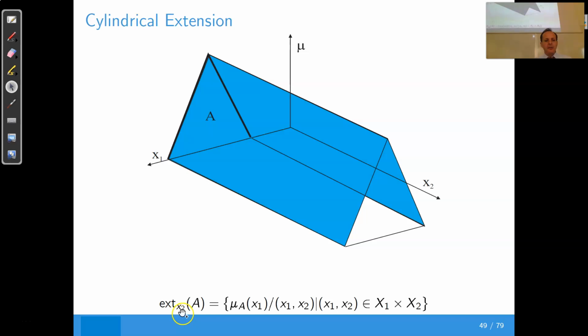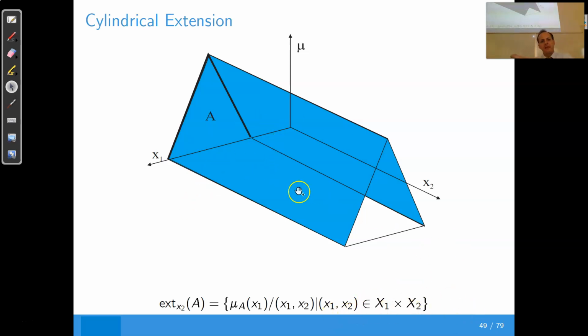The extension in the x2 direction of A is defined, and it's just the definition, as the set of all membership functions mu A with input domain x1, x2, where x1, x2 belongs to this space.